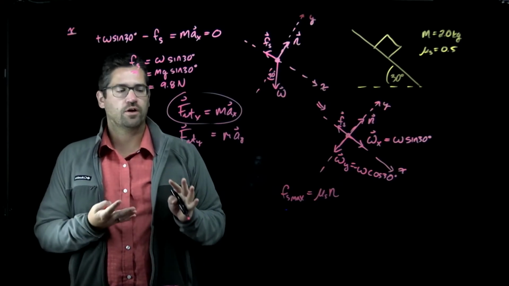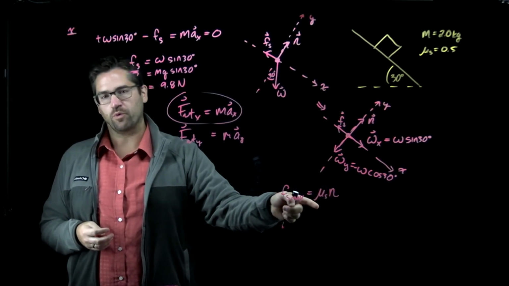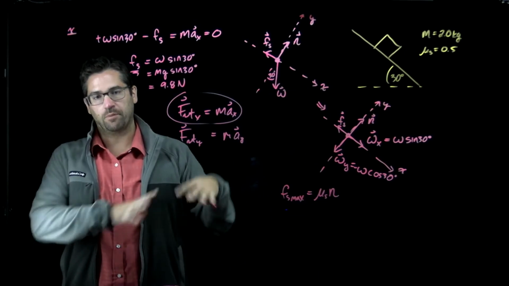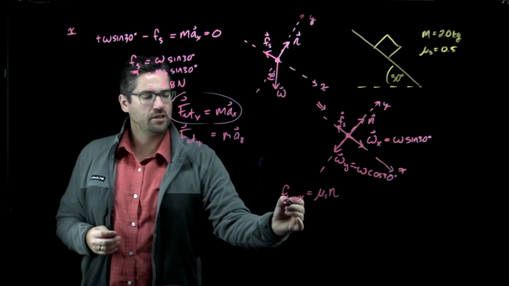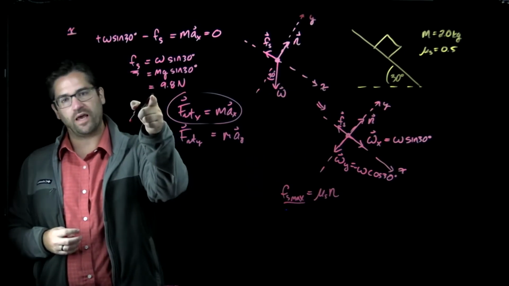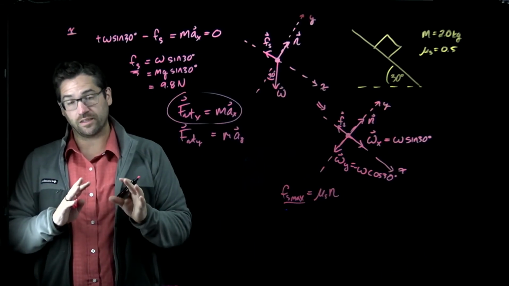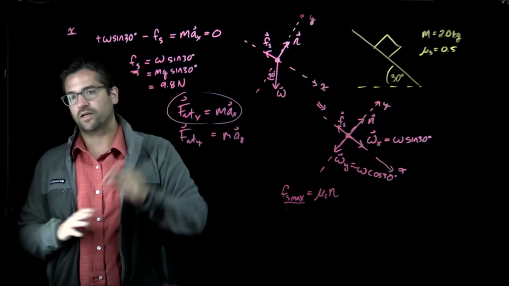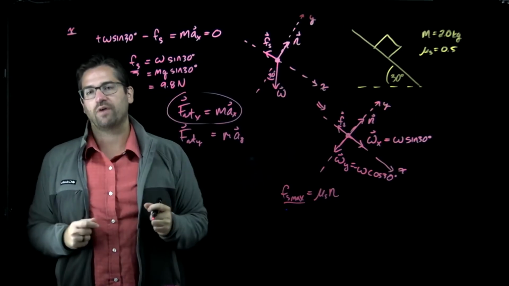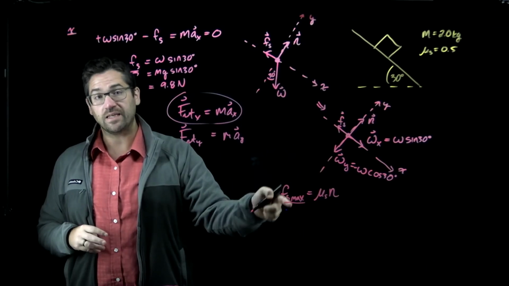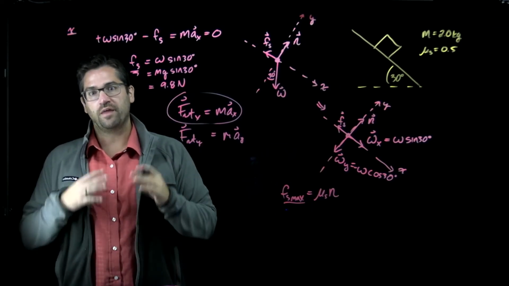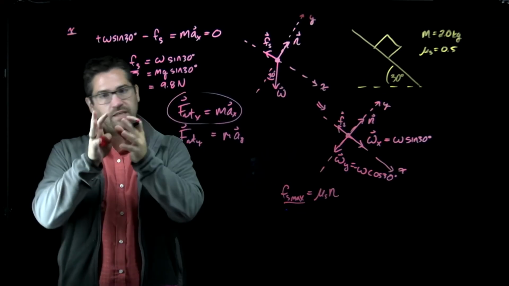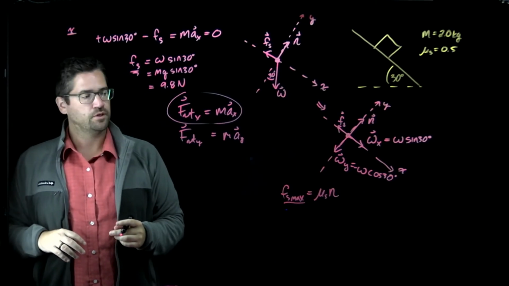So I want to figure out what the normal force is in this problem, multiply that by 0.5 to get Fs max, and then compare that to the amount of friction that is necessary. If Fs max is larger than the amount of friction necessary, then we're fine. The object's going to stay at rest. If Fs max is less than the 9.8 newtons, then the block, when I set it there, is actually just going to start sliding down the ramp.